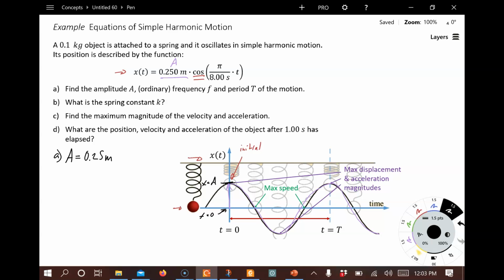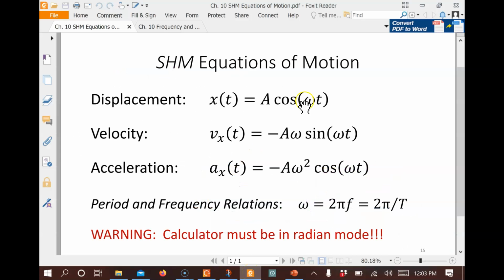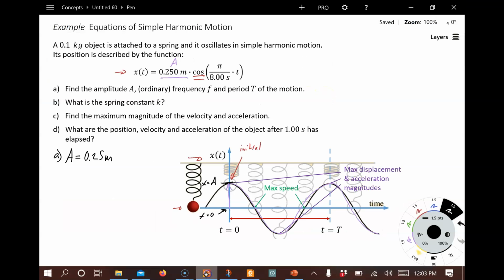Now we're going to try to figure out what f and T are. But before we do that, we go back to the equation and look. By inspection, whatever the number is that multiplies t inside the argument for cosine, inside the parentheses, that's your omega, the angular frequency. So let's figure out what omega is first. That's multiplied by t, so that's your omega, right?